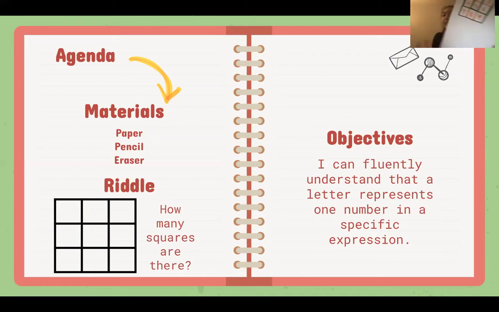And then I have my 13th square right here: 4, 5, 7, and 8. And then I have my 14th square right here: 5, 6, 8, and 9. So in total, this riddle has 14 squares.